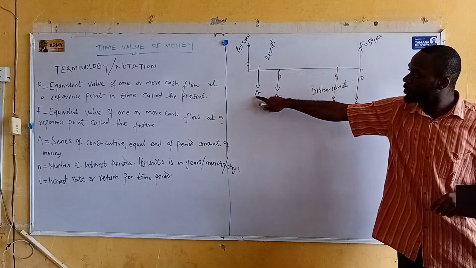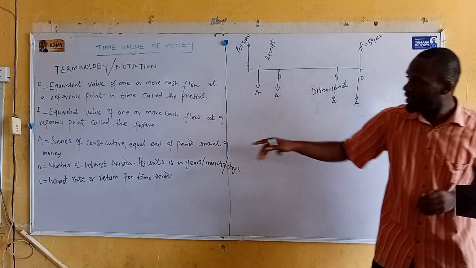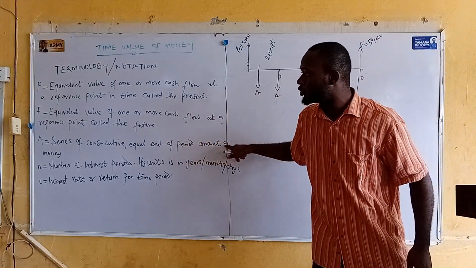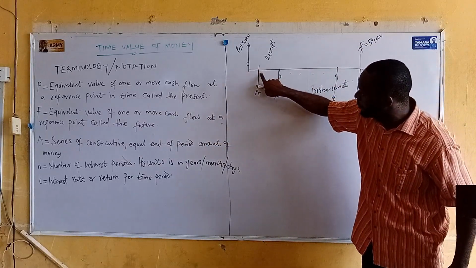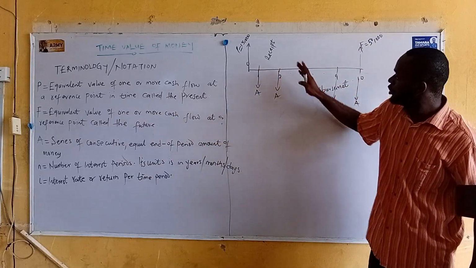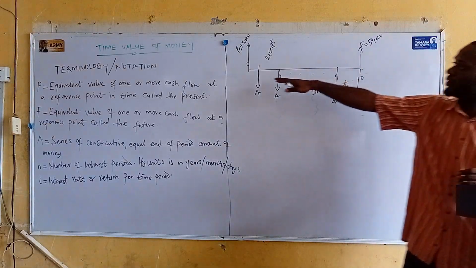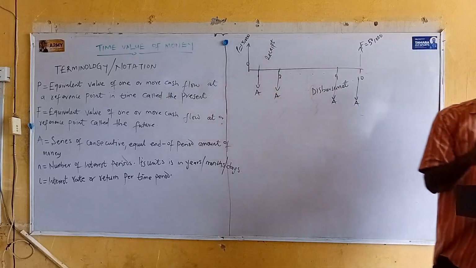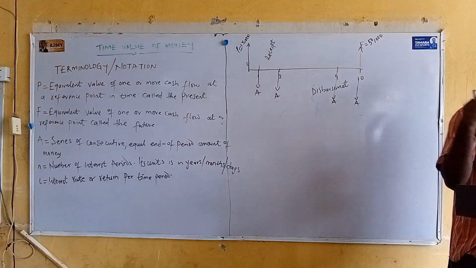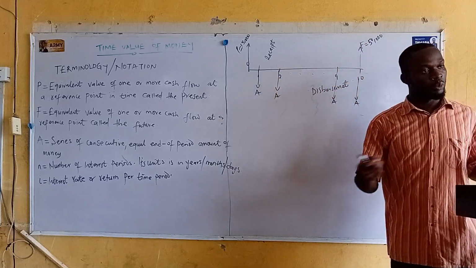So you notice that A is a series of consecutive amounts, which means they follow each other, end of period amounts of money. This is the end of one period, then the second period, you do that to get to the goal. So in a cash flow diagram, the up arrow is used to denote receipt, any money that you receive, but the down arrow is used to denote disbursement.